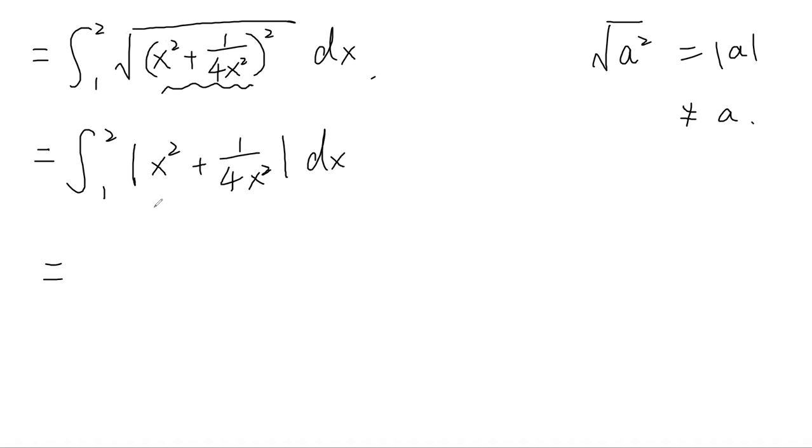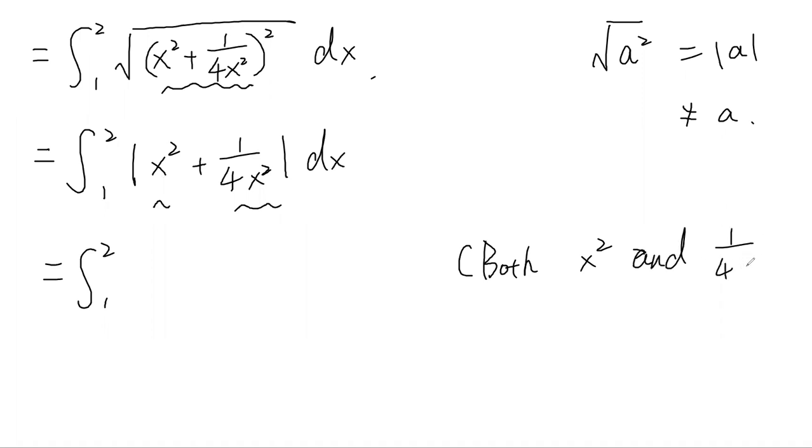But fortunately here, both terms, x squared and 1 over 4x squared, are squared, something squared. And both of them are greater than or equal to 0. So both x squared, this is a square term, and 1 over 4x squared, this is also a square term, are non-negative.